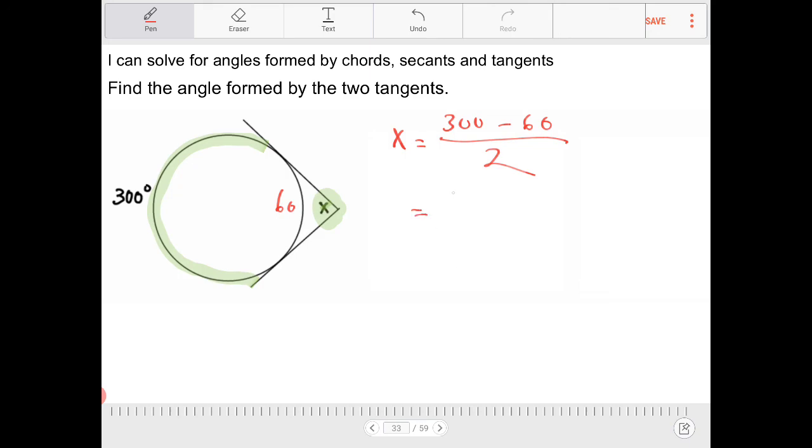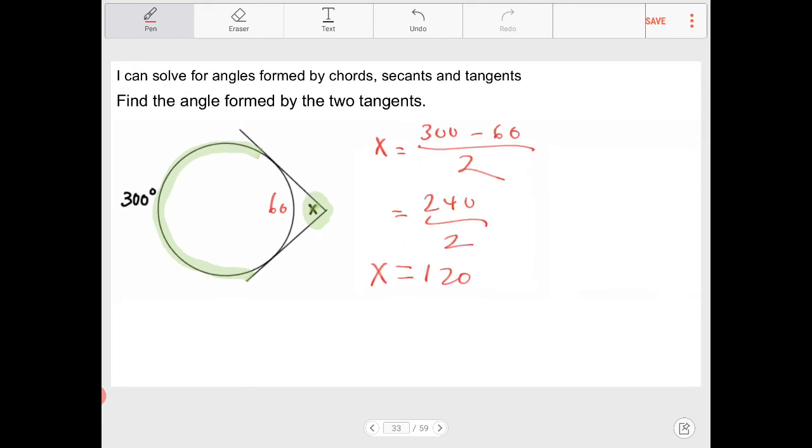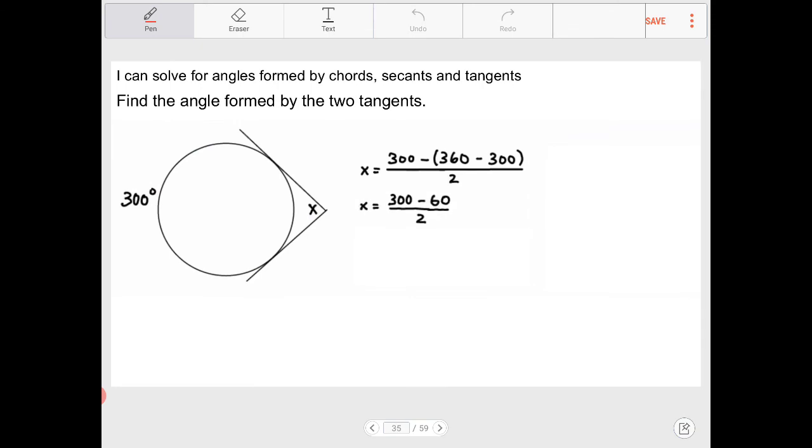This is going to give me 240 over 2, which is simply 120. And that's it.